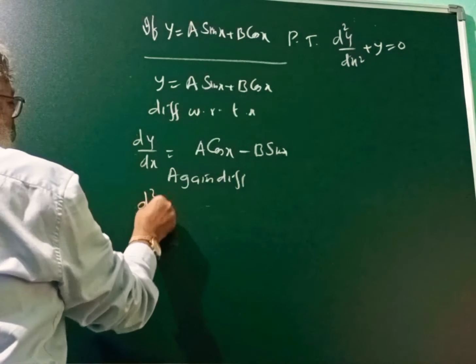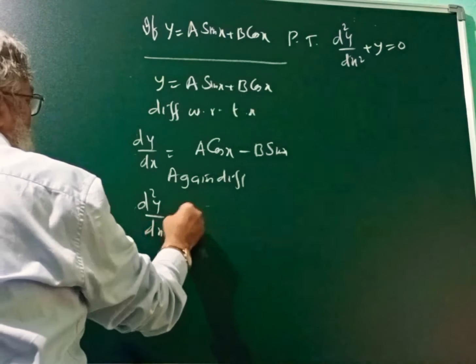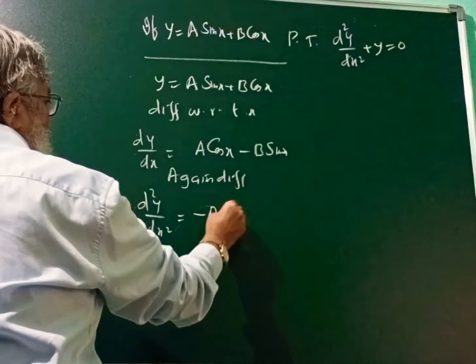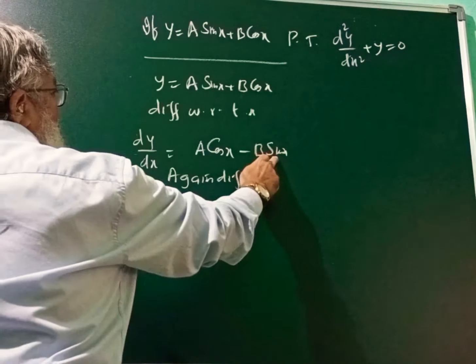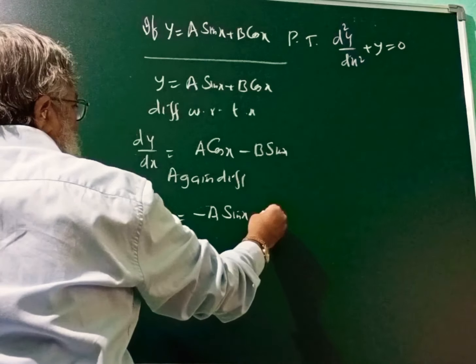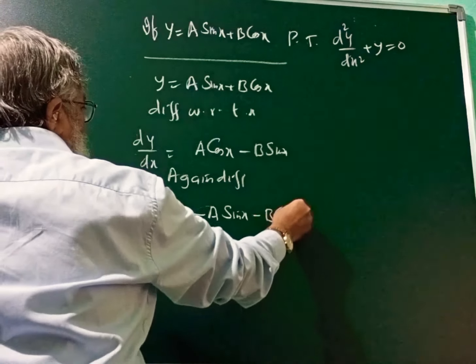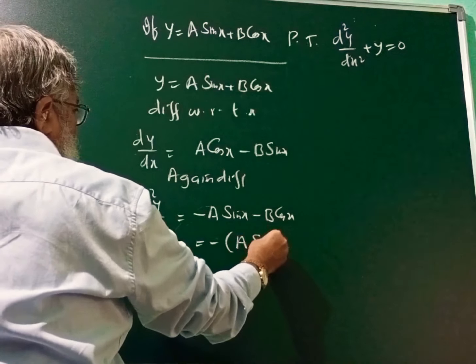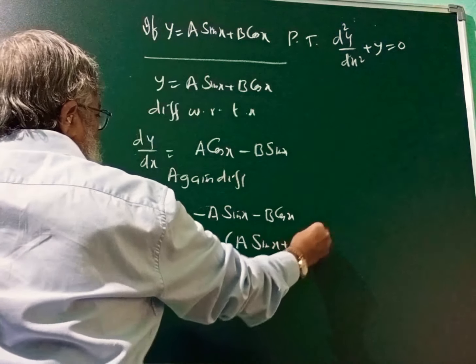D square y by dx square, that is a, differentiation of cos is minus sin x, differentiation of sin is cos x. We can take minus common: a sin x plus b cos x.